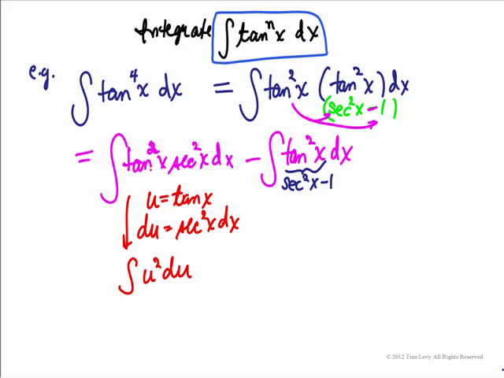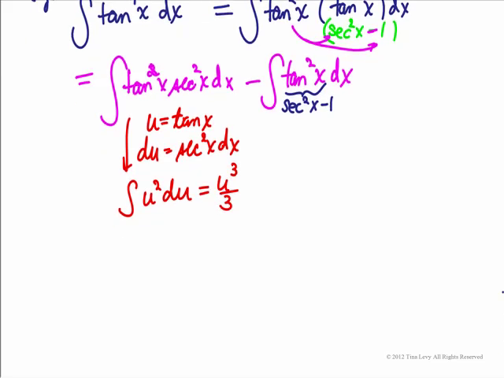Working this, I have that this tangent squared secant squared was really the antiderivative of u squared, so I get u cubed over 3, and that just gives me tangent cubed x over 3.